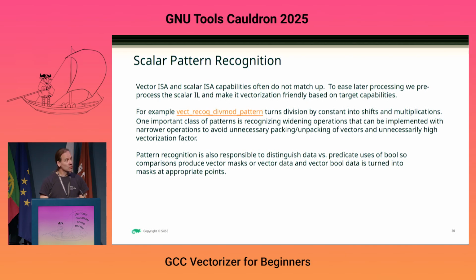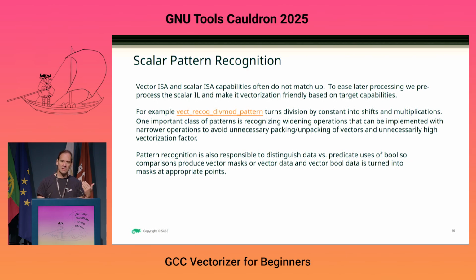So then we have the scalar pattern recognition phase, which is done quite early. So during the statement analysis, the scalar pattern recognition tries to see, when you have like a division statement, can the vectorizer handle vector division? And if not, maybe we can do the division by 3 by doing some multiplication and shift and or whatever, and the backend would support those operations.